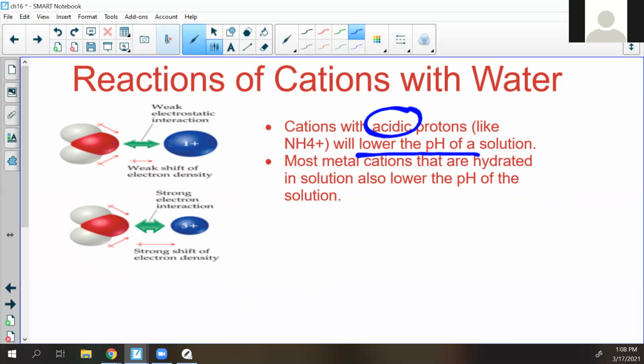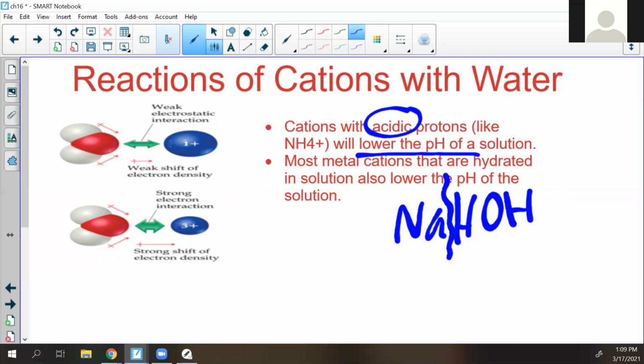These are a little bit tricky, and they're not on the test. When they react, they grab the OH, they split up. So it is reducing the OH, which means it becomes more acidic. But hydrated metals, you don't need to worry much about that.